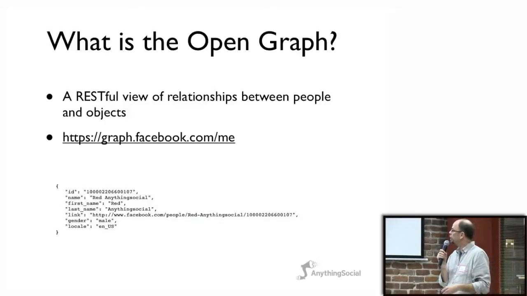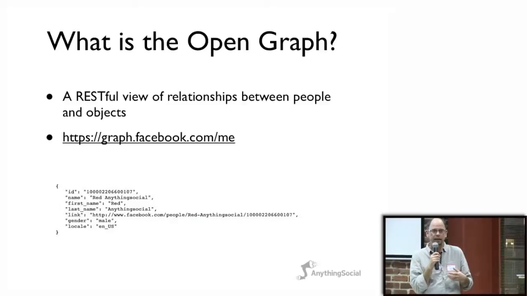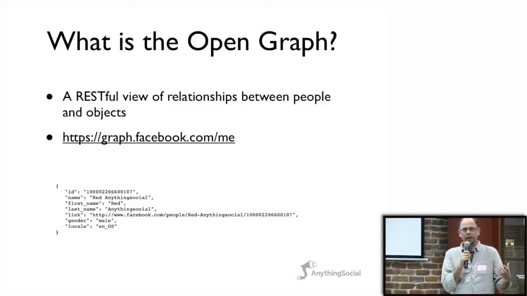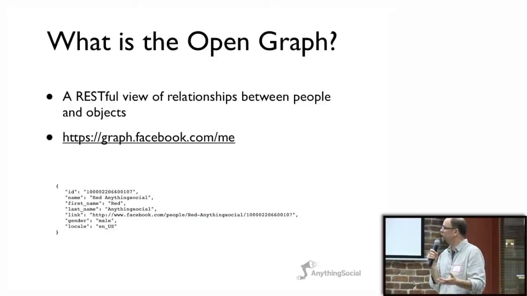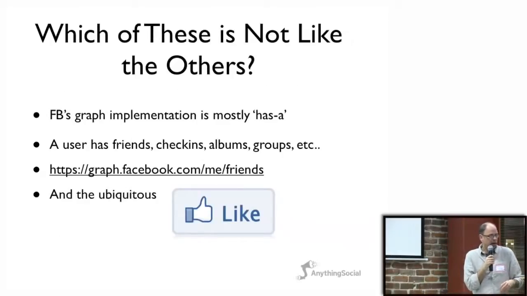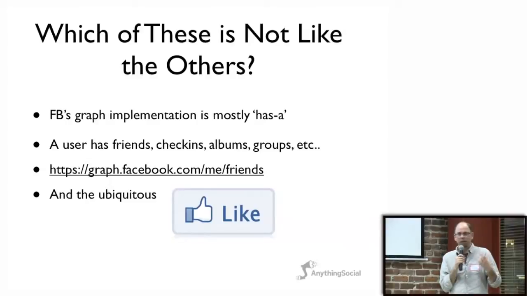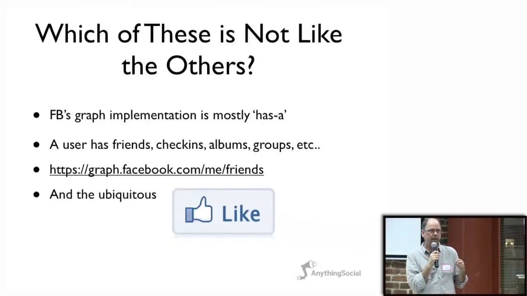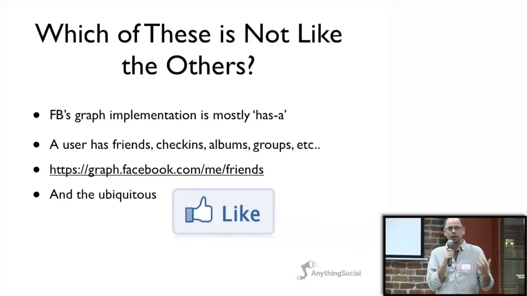I think importantly though, the Open Graph is actually about the relationships of people and objects and actions on Facebook and in the world. The Facebook Open Graph as it's implemented right now, in terms of the things that are in the graph, is the pieces of your life, because it is your life in there.